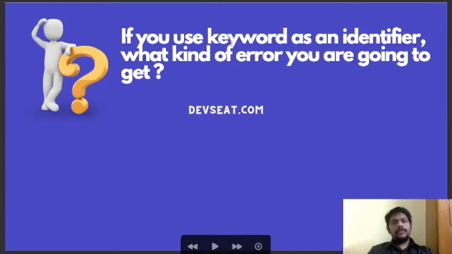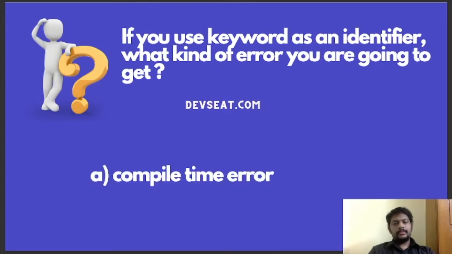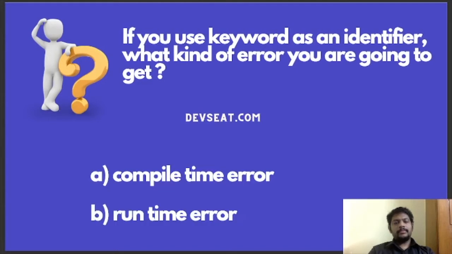So, if you use a keyword as an identifier, what kind of error are you going to get? Are you going to get a compile time error or a runtime error?